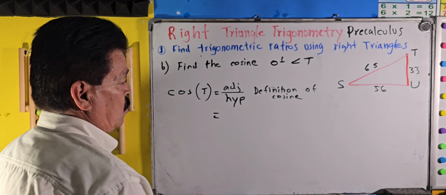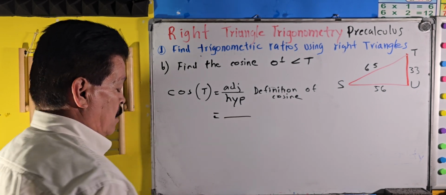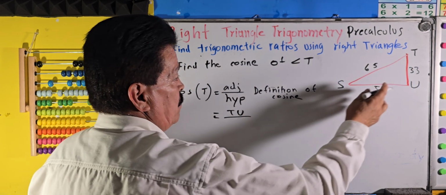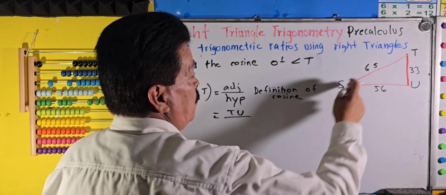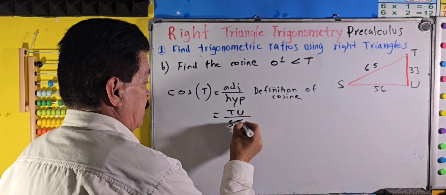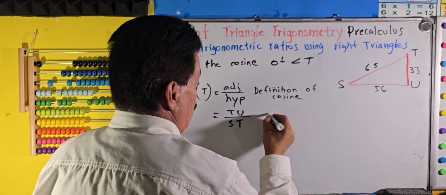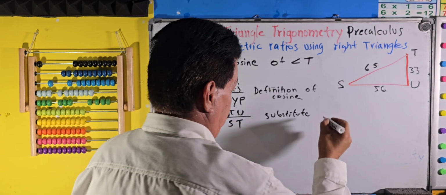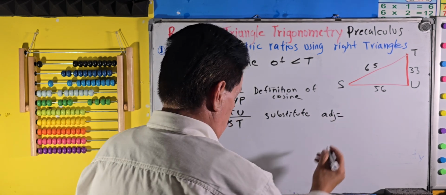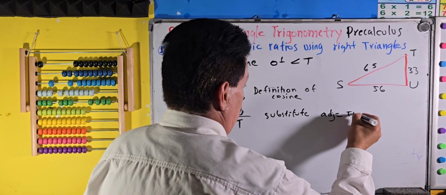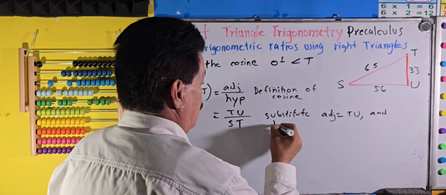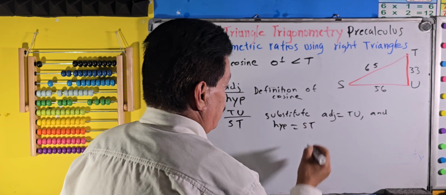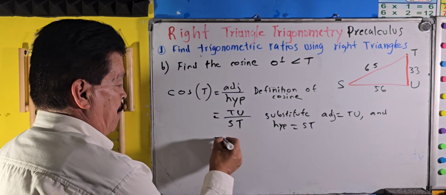Next, just write the letters. The adjacent, as I told you, is TU, divided by the hypotenuse, which is ST, right? This is the substitution: adjacent equals TU, and hypotenuse equals ST, right?